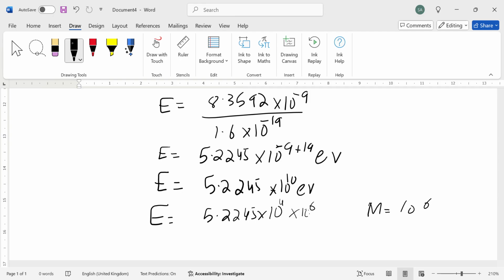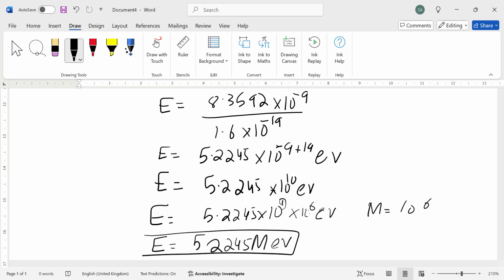If you combine them, it would again constitute 10^10. Now 5.2245: there are 4 digits here and the power is also 4. So you can write it as 52245 × 10^6, where 10^6 is mega, and electron volt is written as it is.